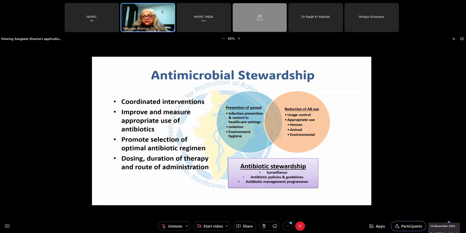So stewardship means that everyone knows about it, because it is the prescriber at the ground level, resident doctors, medical officers, who are prescribing, so they should know what the rules are about prescribing antibiotics in their facility. So you can think of antibiotic stewardship as being like an air hostess.